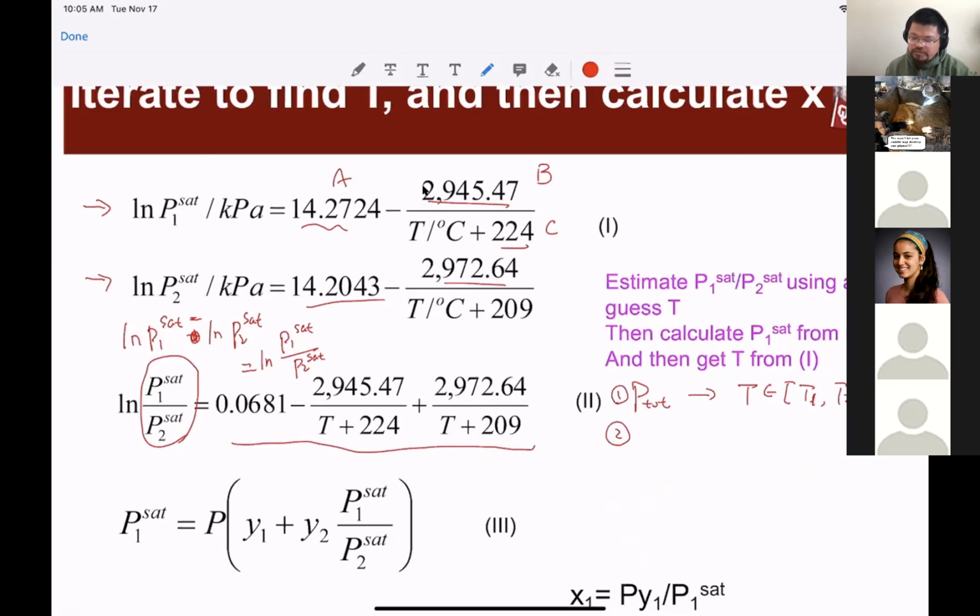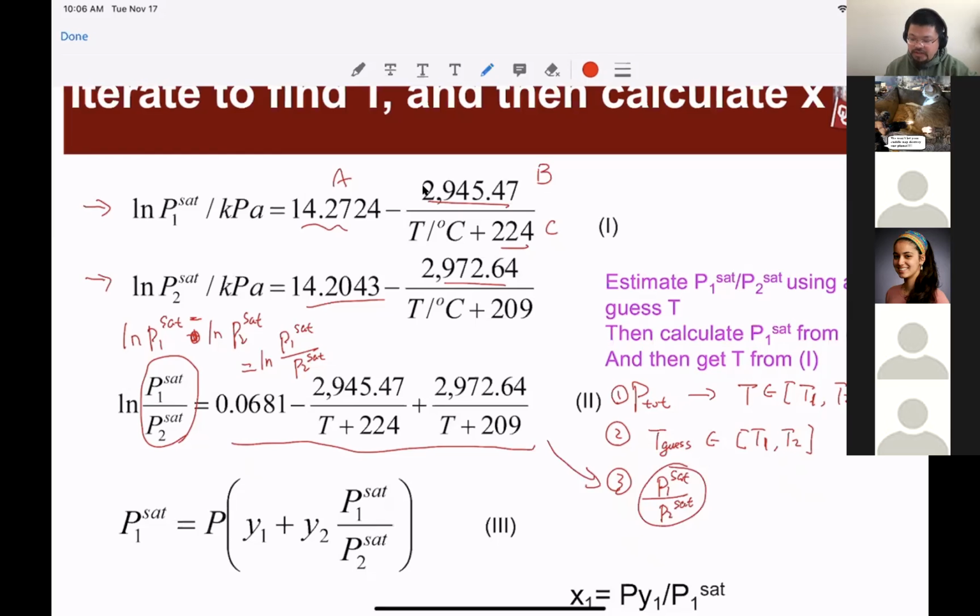Step two, out of that temperature range, I try to have the T guess. And so it's still from T1 and T2. You can basically pick T1 as the initial guess and go from there, or any value between T1 and T2. Then we are going to evaluate this P1 set, P2 set ratio with the help of that equation over there.